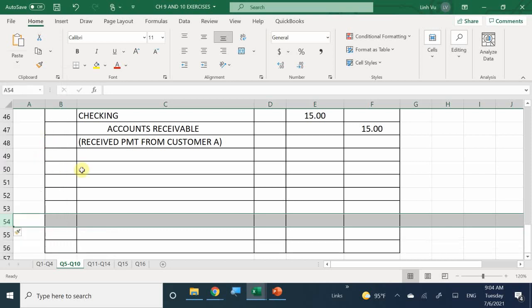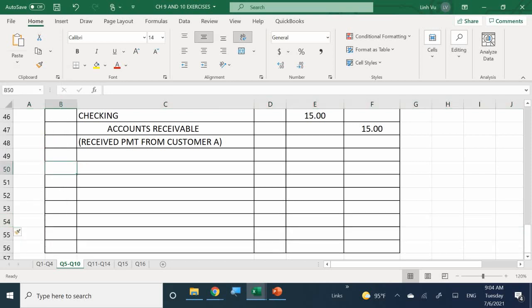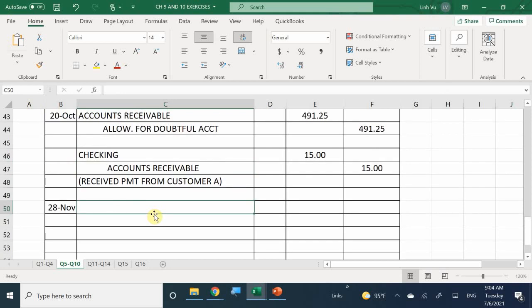How do I record on November 28th that customer A can no longer pay? So you've got to get that account out of your books again and do what Nathan said. The same thing with the allowance for doubtful accounts.